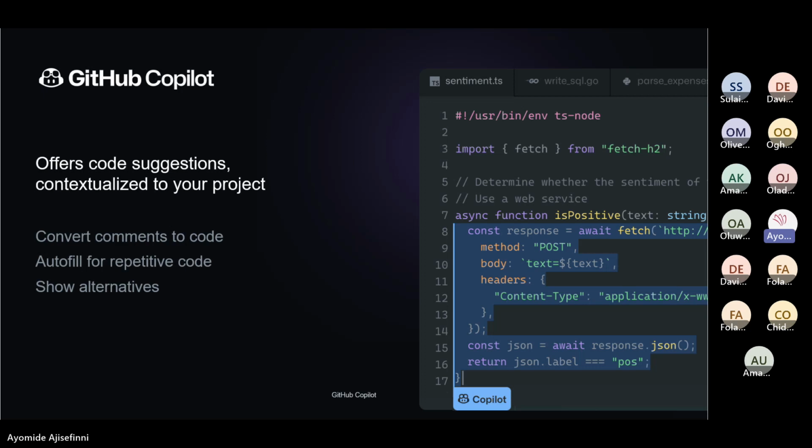So for GitHub, we already are coding on GitHub. So what the Copilot is here to do for us is to offer code suggestions contextualized to your project. So let's say I'm building, let me say, a front end of a certain application, and maybe I don't want to just go. I mean, this is something I do normally on a normal day, right?